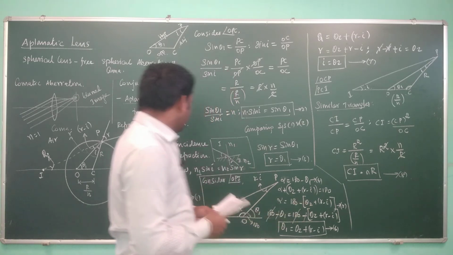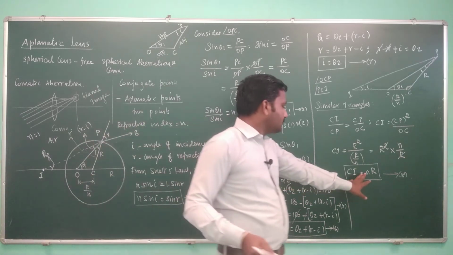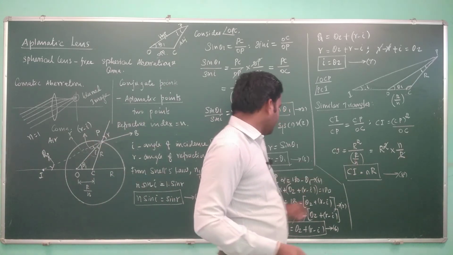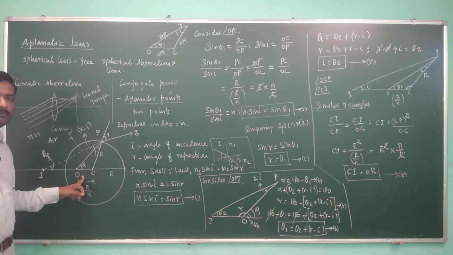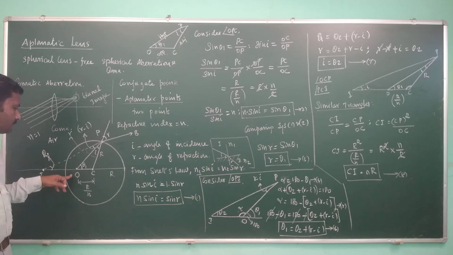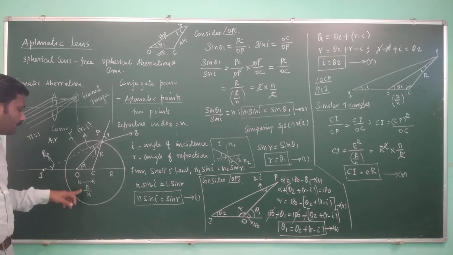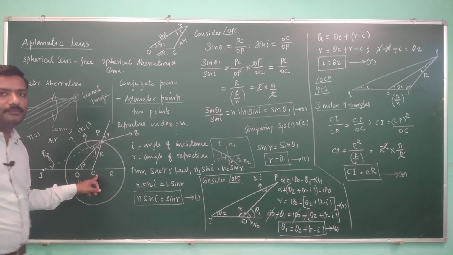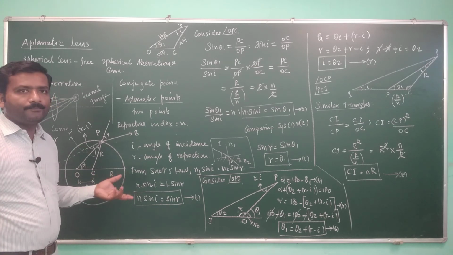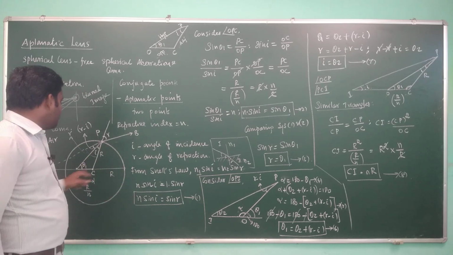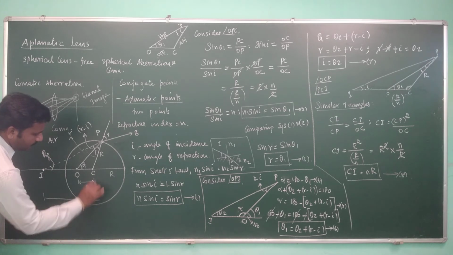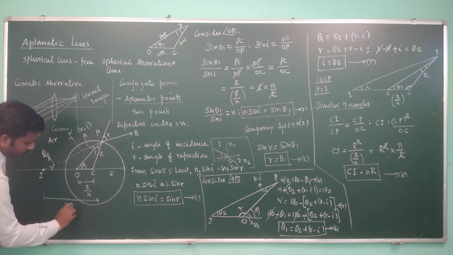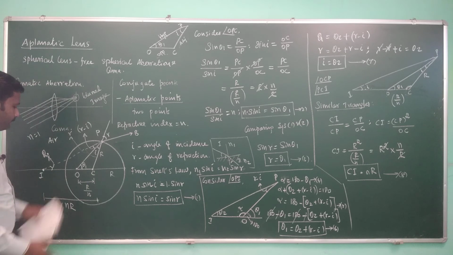And from equation number 8, we infer that if an object is placed at the distance R by N from the center of curvature of the spherical surface, for that object the image is produced at the distance of N times R. Okay.